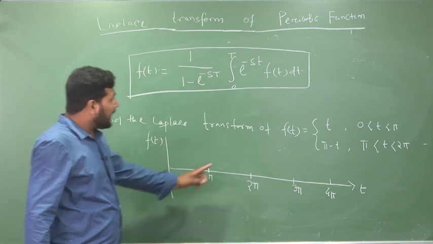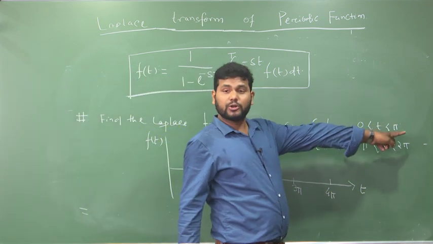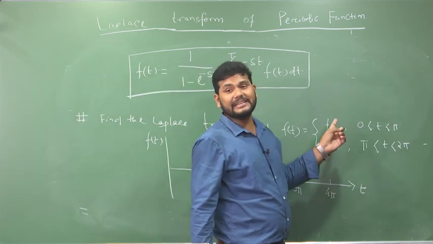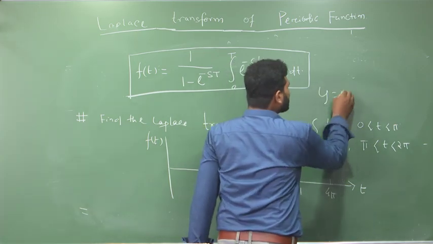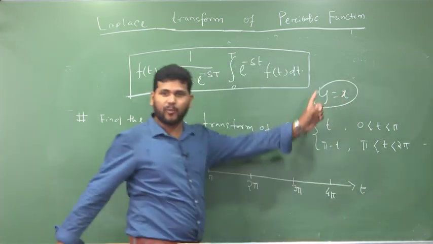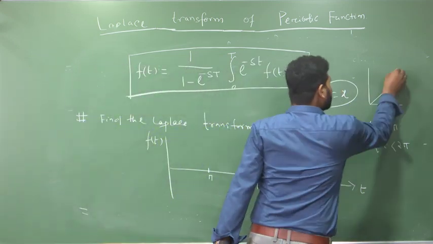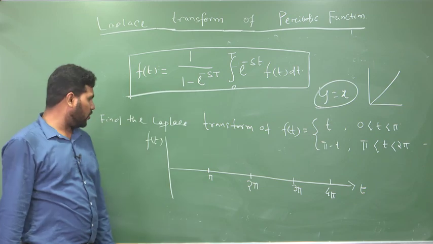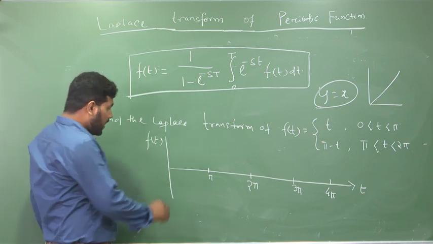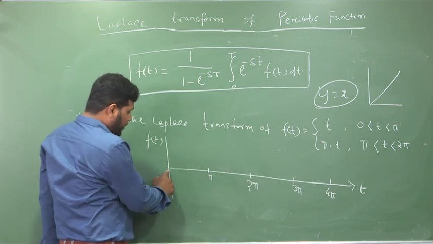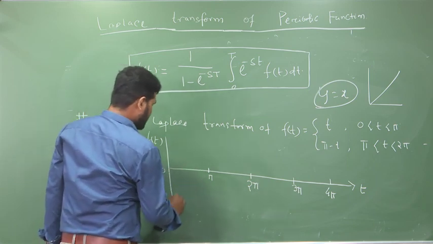Okay, so what is the value of the function from 0 to pi? That is t, like y is equal to x. What is this? This is a popular straight line. Okay, y is equal to t is a straight line passing through the origin. So I will draw this straight line from 0 to pi.